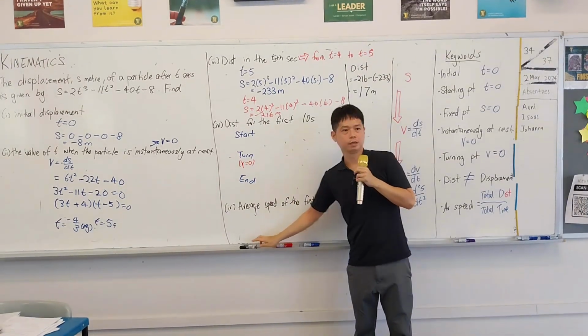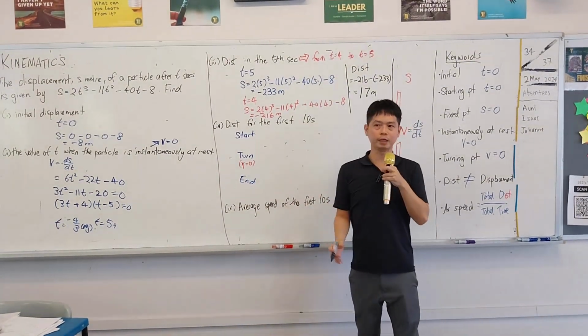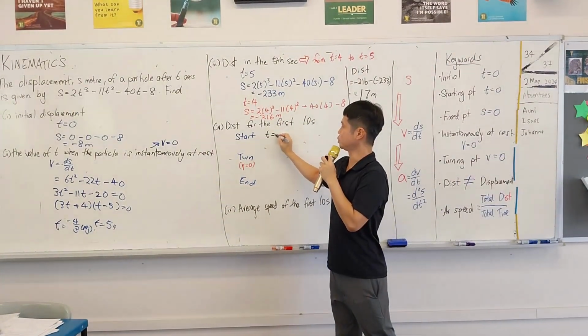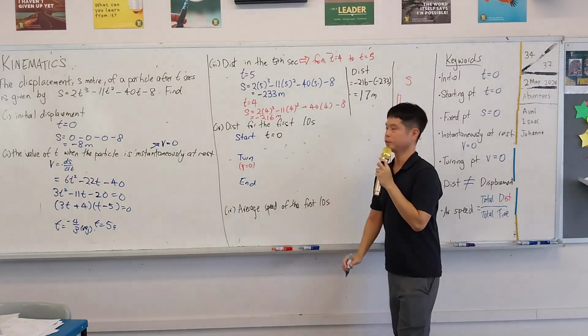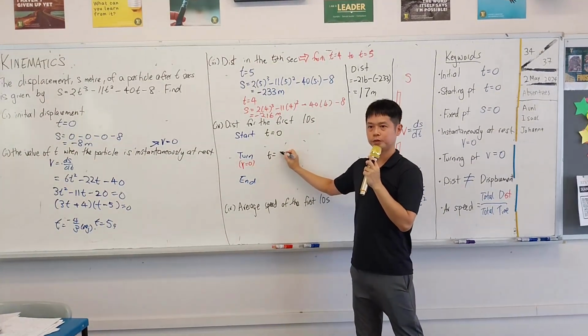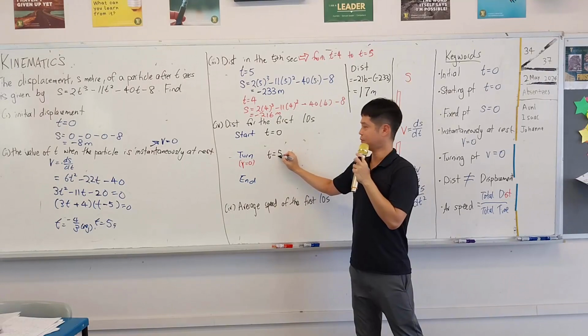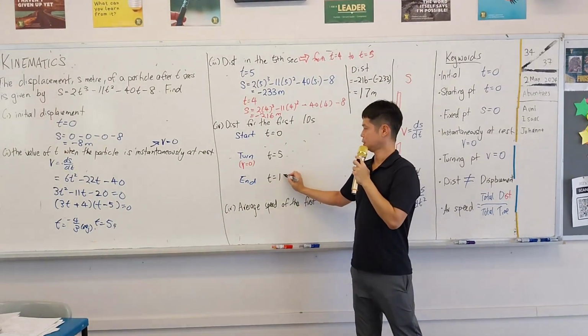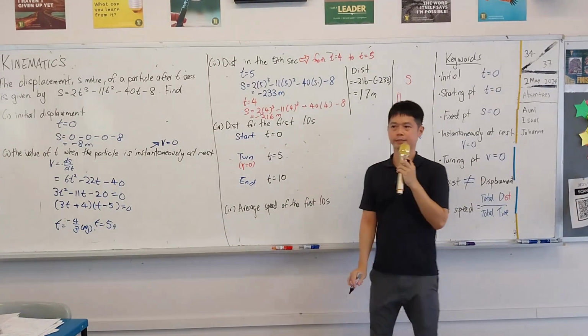Okay, let's write down this. I will show you diagrammatically why it's like that in a while. Starting point, T equals to 0. The turning point was T equals to 5. And I end at T equals to 10.